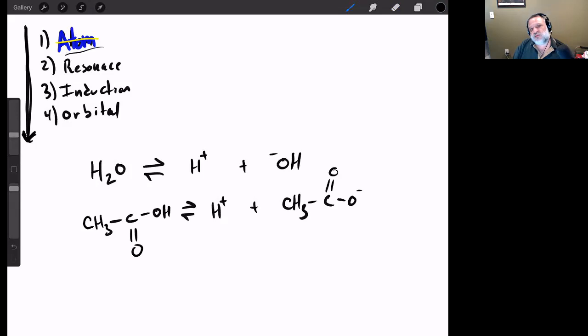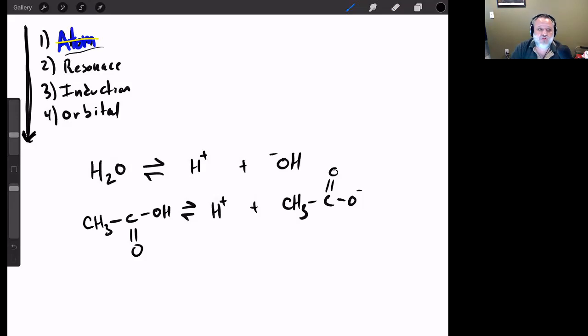Well, in this case, if I were to just consider what atom holds the charge on the conjugate base, I would notice that they're both oxygen. So I can't use atom at all to pick out what's more stable, whether it's the water or the carboxylic acid. I have to take a look further down my list of considerations.